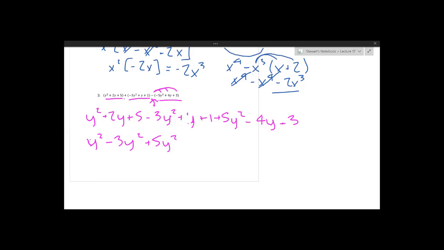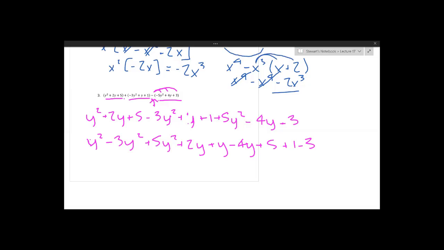And then in terms of the y's, we have +2y, +y, and then -4y. And then in terms of the constants, we have +5, +1, -3.